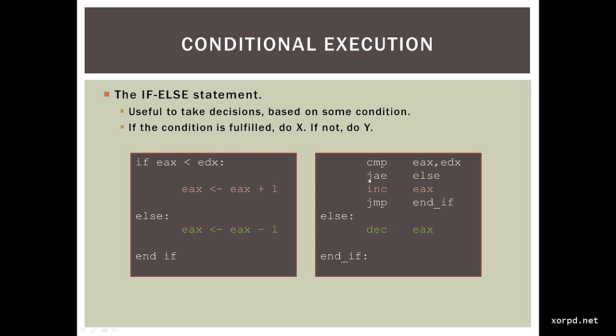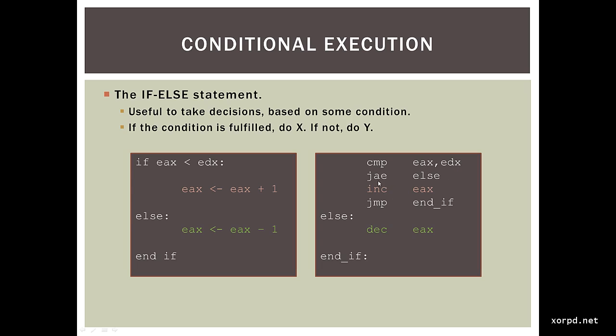Why use the opposite condition? Because we jump to the else clause if the opposite condition happens. Even here, we are going to invoke the else clause only if EAX is greater or equal than EDX. We are going to get to the inc instruction only if EAX is smaller than EDX.